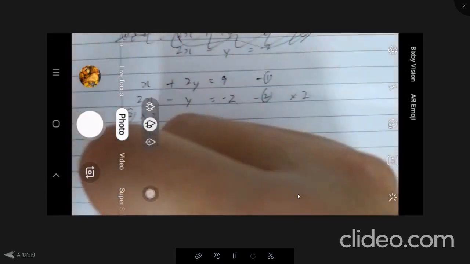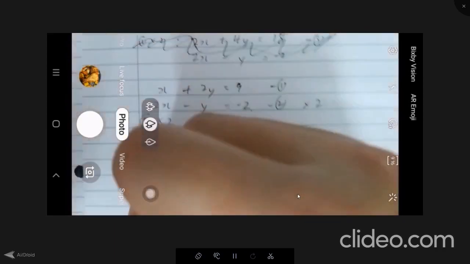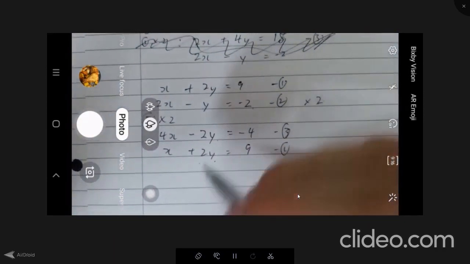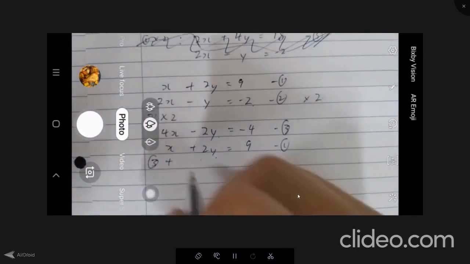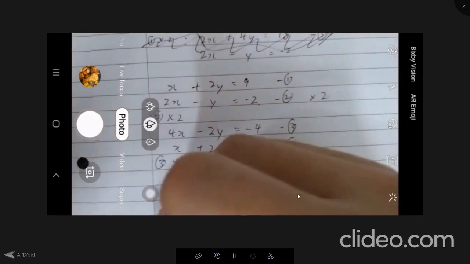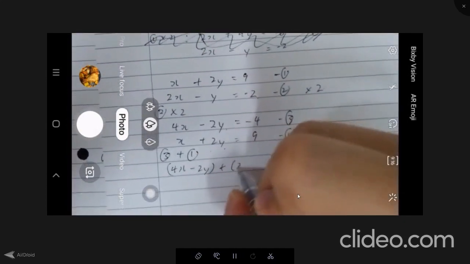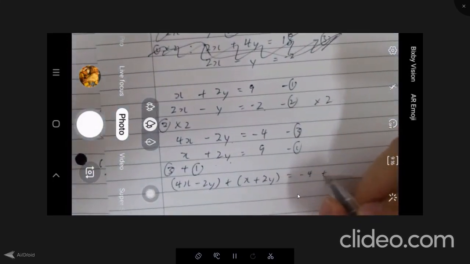So in this case this is equation 3, this is still equation 1. You notice here is negative 2y, here is positive 2y. I can just add them together if I want to, 3 plus 1. Same thing you need to do: 4x minus 2y plus x plus 2y equals negative 4 plus 9.